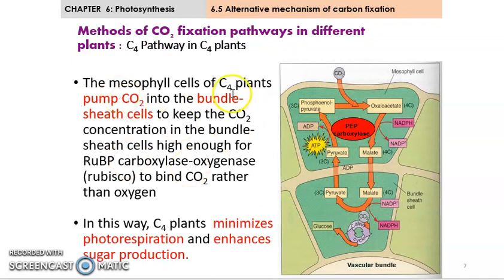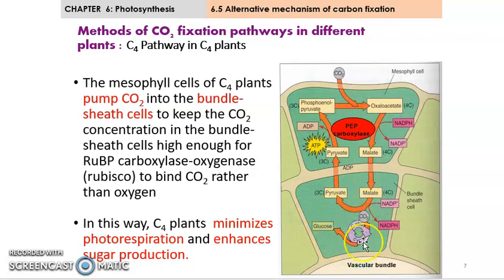Okay, and then the mesophyll cell of the C4 plant will pump carbon dioxide into the bundle sheath cell to keep the carbon dioxide concentration in the bundle sheath cell high enough for the RuBP carboxylase oxygenase, Rubisco, to bind carbon dioxide rather than oxygen. So yang ni yang saya katakan tadi. Bila malate sentiasa ataupun kita kata dia akan continuously undergo decarboxylation, so carbon dioxide di dalam bundle sheath cell ni akan tinggi.